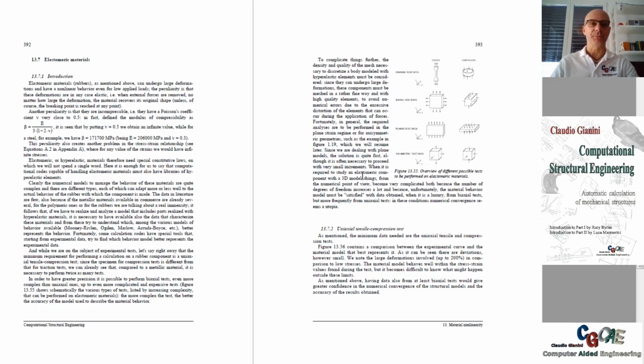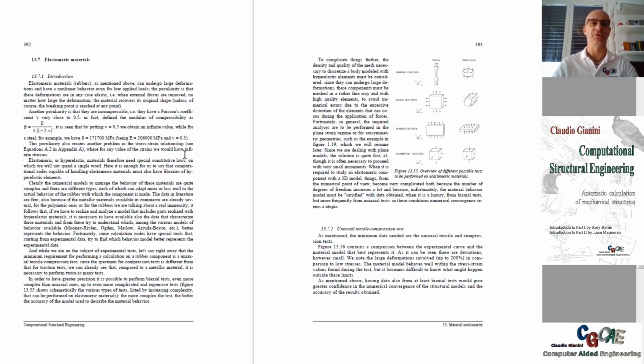And then, which is very new, one of the different topics which is new, elastomeric materials, so rubbers in the end. Even if they still maintain a sort of linearity in the sense that when we remove the load, the part will go back to its original shape, they undergo huge deformation.